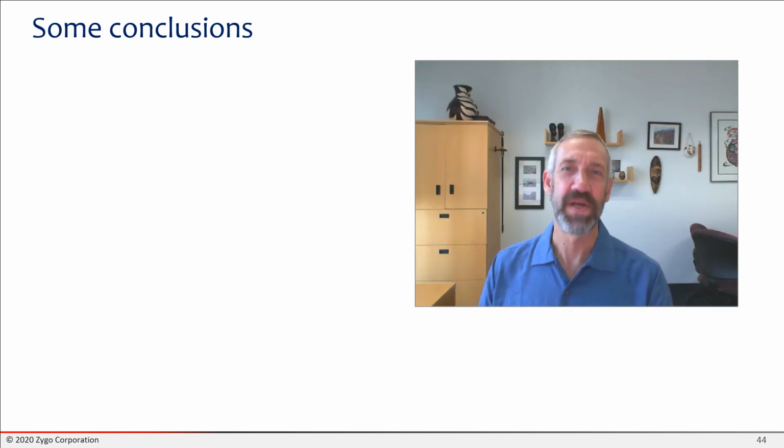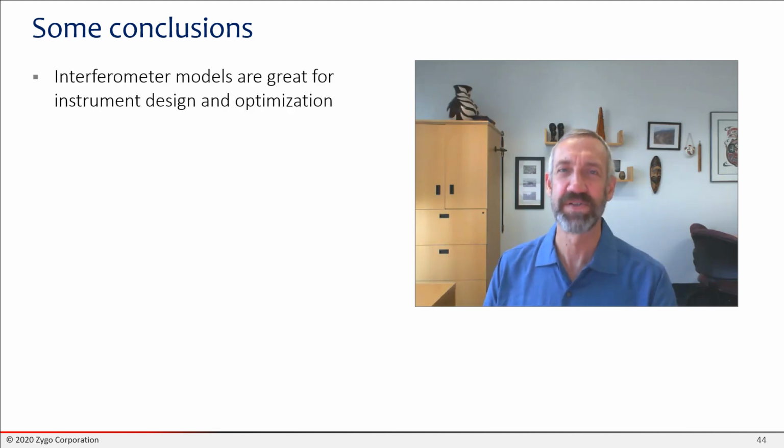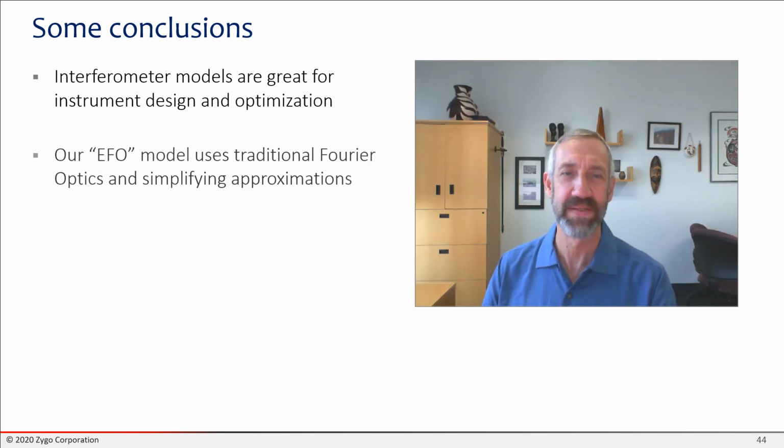Whether you're an instrument designer or a user trying to optimize a new application, there's a lot of value in having an interferometer model to give you some idea of what the response of the instrument will be under certain circumstances. Consequently, some of our research recently has been concentrated on identifying models that are more readily accessible to a wider audience. One of these is this EFO model.